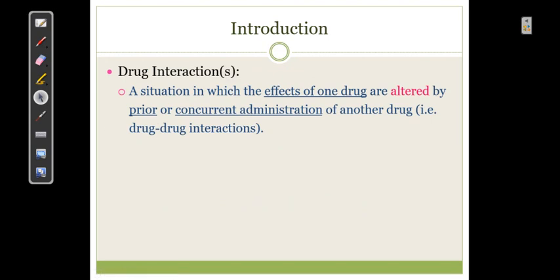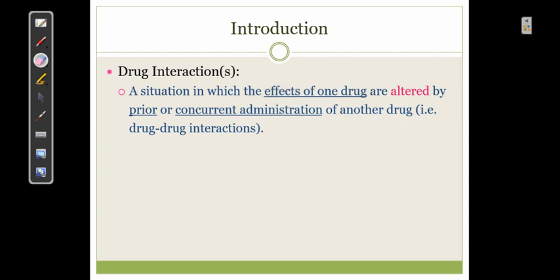You must have gone through this during your undergraduate studies: a drug interaction is a situation where the effect of one drug is altered by a prior or a concurrent administration of another drug. This is called a drug-drug interaction.